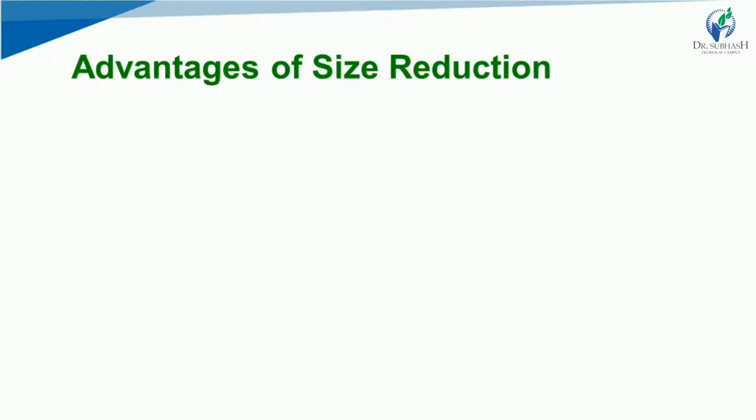First of all, we are going to focus on the advantages of size reduction. Size reduction has a lot of advantages, such as, first, content uniformity. Mixing of different ingredients can be effective if particle size is uniform and small. Size reduction ensures this objective. Particles of optimum size are desirable for effective mixing.